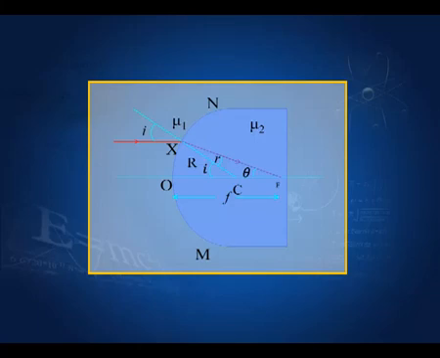So, we have this medium of index mu 2, this medium surrounding it of index mu 1, and this MOXN is the spherical surface. So, that is what we are going to consider, and if this angle is i, then this gets refracted, this is normal from C. So, this gets refracted and this angle is r. So, we make use of these things.